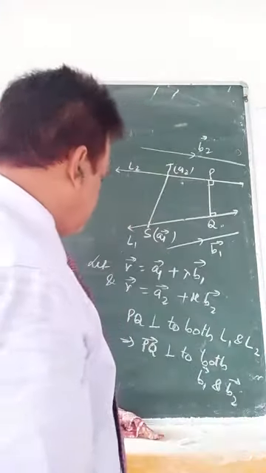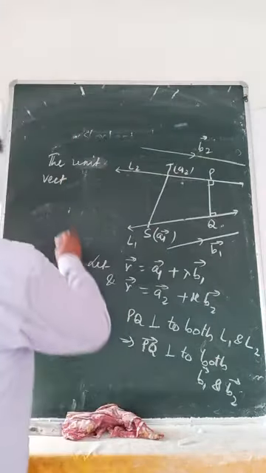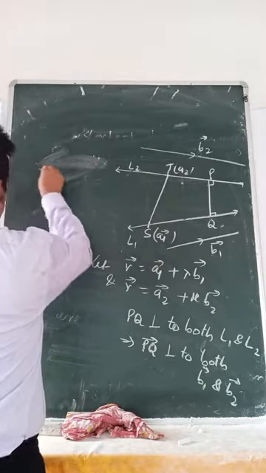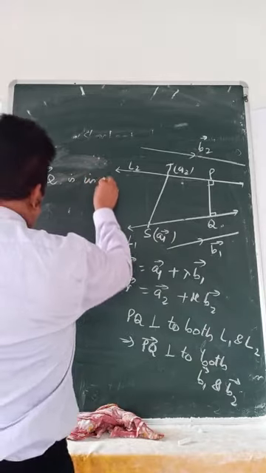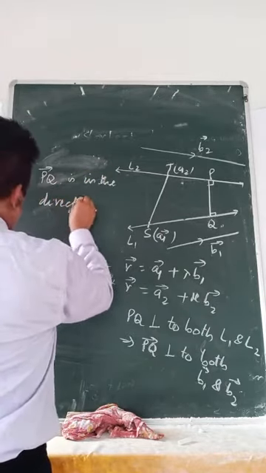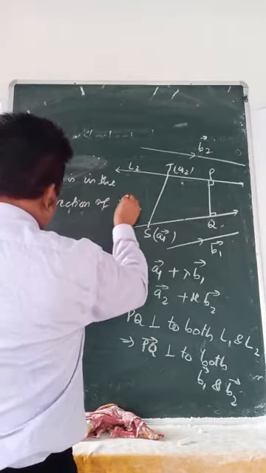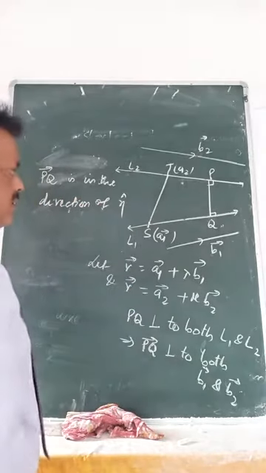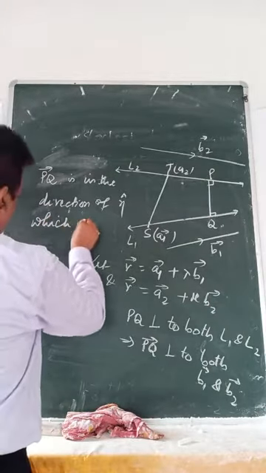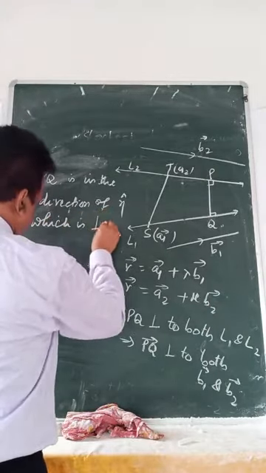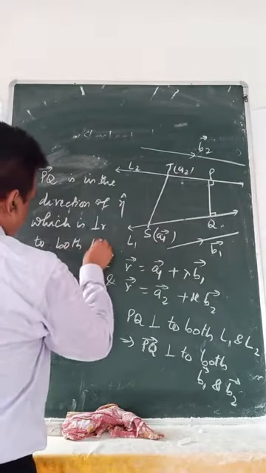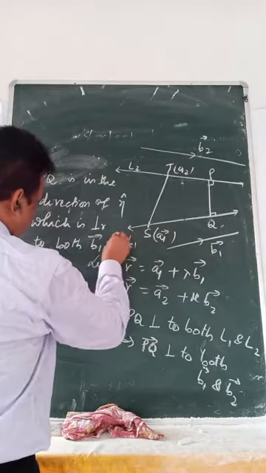So let PQ be in the direction of unit vector N, which is perpendicular to both B1 and B2.